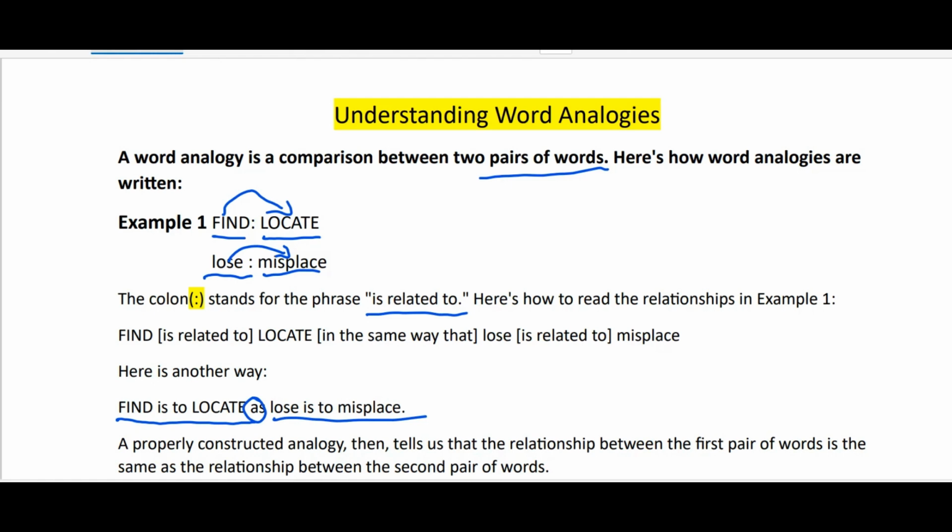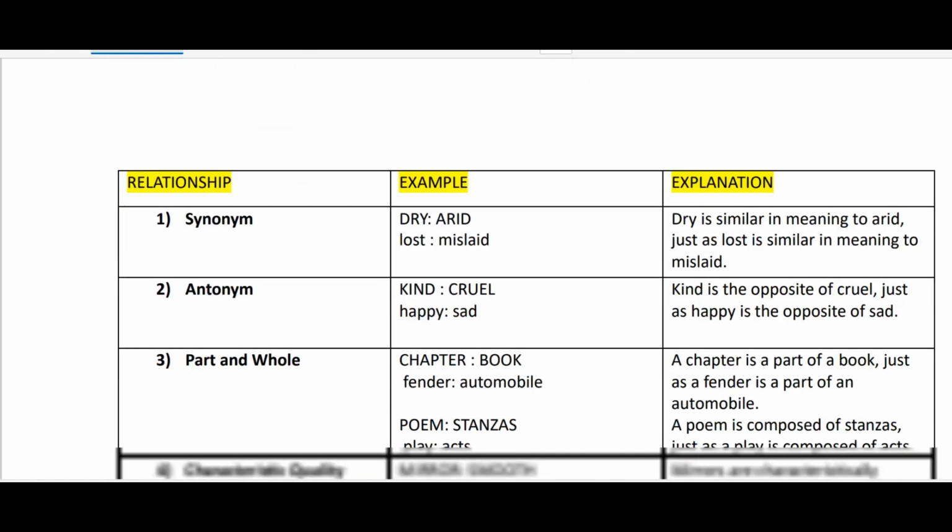So here the comparison is actually about the relationship between the pair of words and the relationship between the other pairs of words. So first I have to find the relationship and then find the pair that has the same relationship.